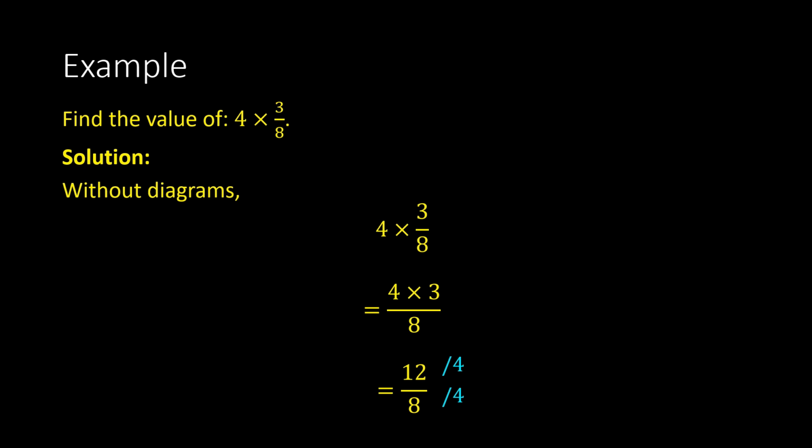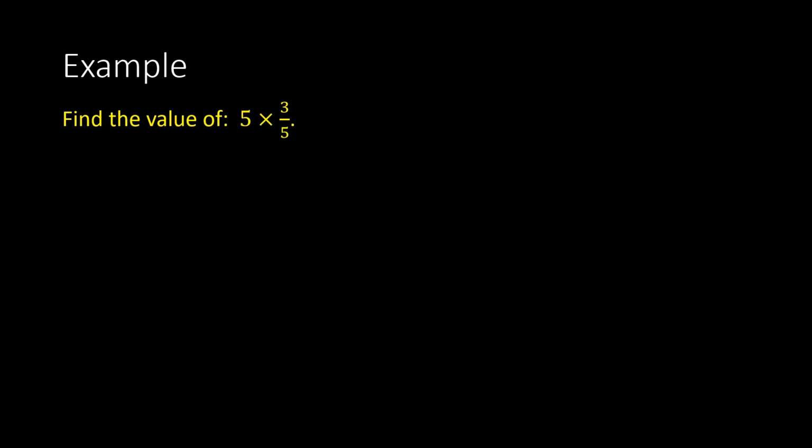So 12 divided by 4 of course gives 3, and 8 divided by 4 gives 2. And so we have 3 over 2, which is of course 1.5. Let's take a look at another example, namely 5 times 3/5.